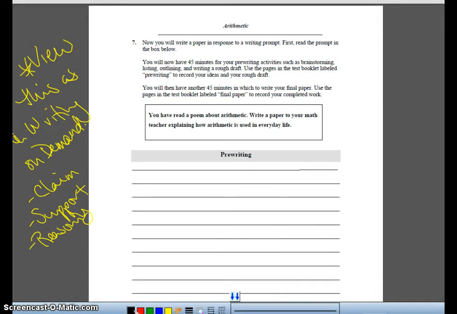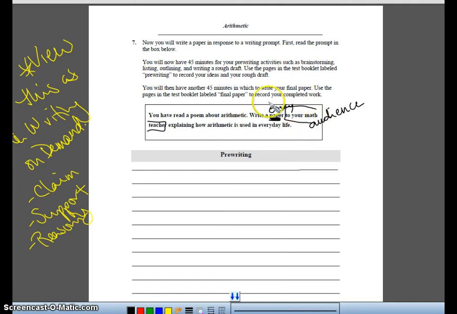So what we want to do here is first of all mark our audience, because we know that we can't do anything if we don't know what we're supposed to be doing. So this one is asking me to write a paper, not a letter, not anything else. It says write a paper. So that's really asking for an essay. And it's asking me to write this to my math teacher, and that's going to be my audience, and it should be really clear in my writing that this is my audience.